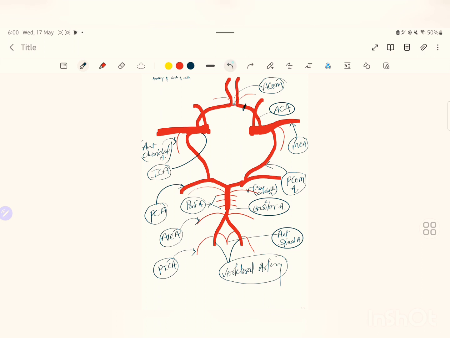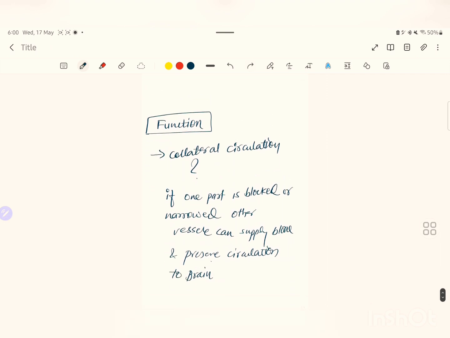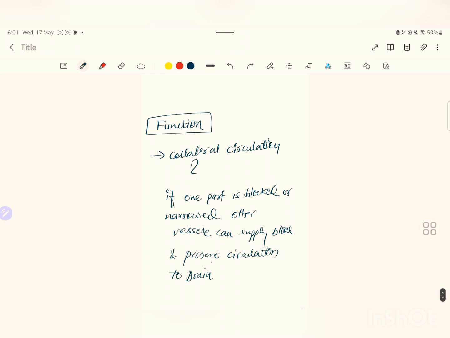So this is the whole circle, that is, if one of the pathways of the circle is blocked, the blood flow to that particular part is supplied by the opposite channel. This is the importance of circle of Willis.